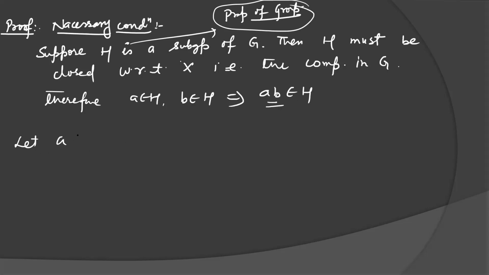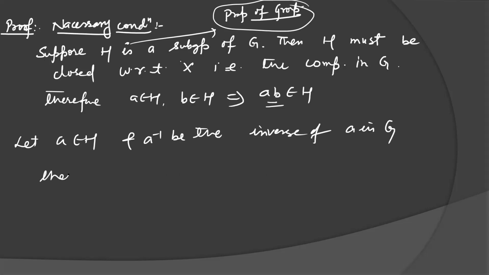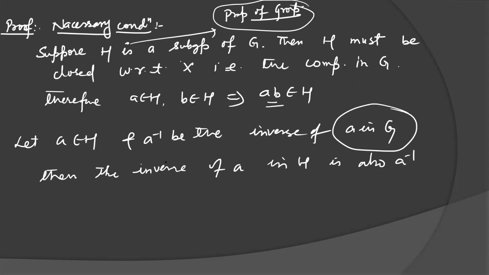Next, let a belong to H and a inverse be the inverse of a in G, then the inverse of a in H is also a inverse. Means firstly I am taking a inverse in G, but H is also satisfying the properties of group.